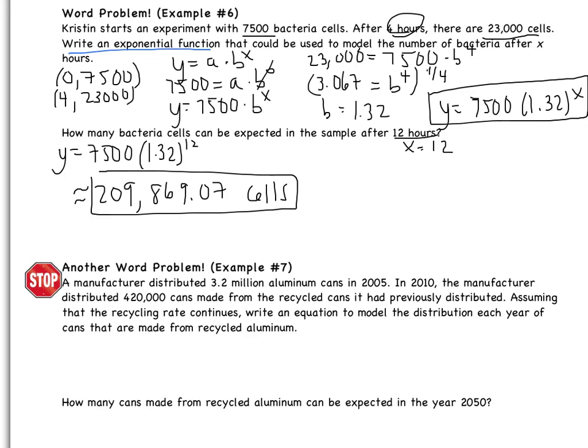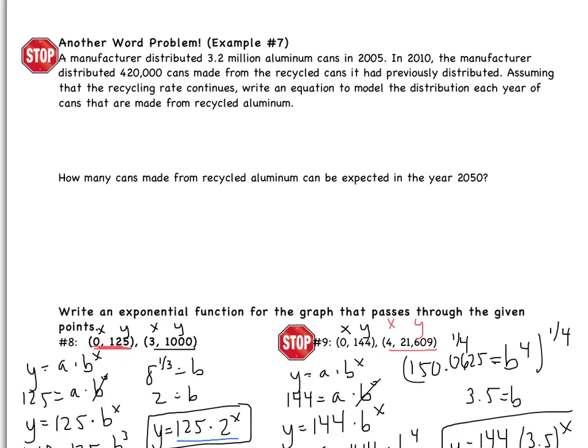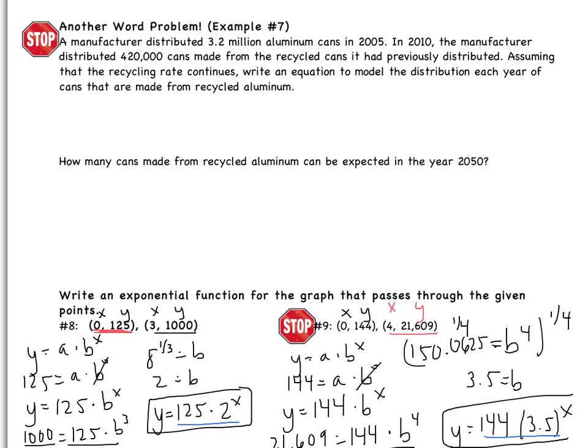Okay, so let's move on to word problem number 7, or example number 7. Again, there's a stop sign, which means this is one that you're doing on your own. So if you would take a few minutes, pause the video, and try this one on your own, please. As a hint, in the word problem it says, a manufacturer distributed 3.2 million aluminum cans in 2005.